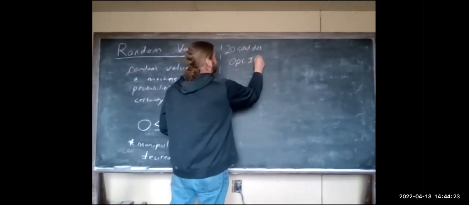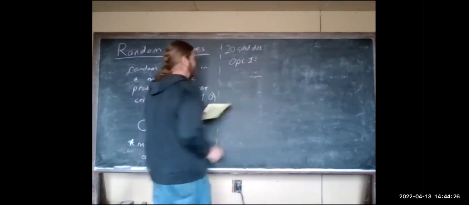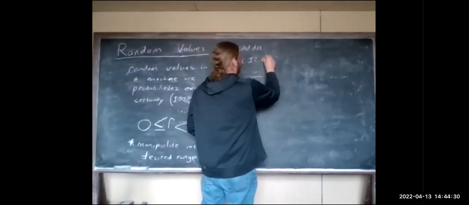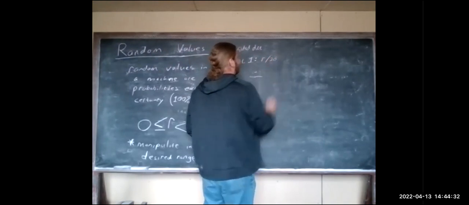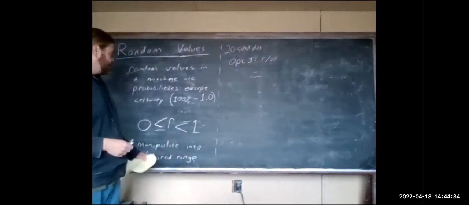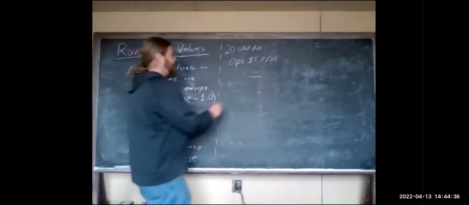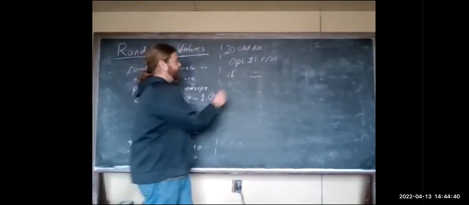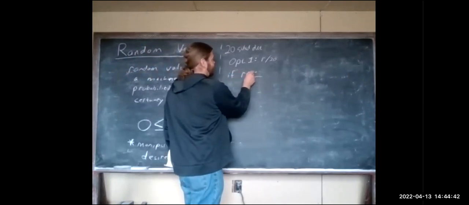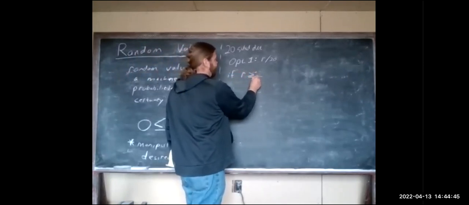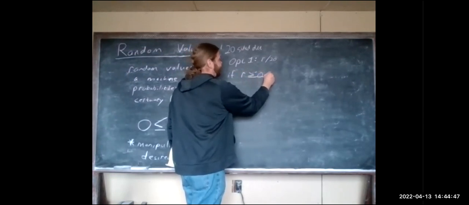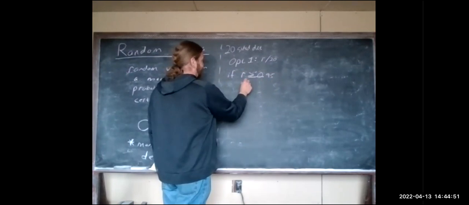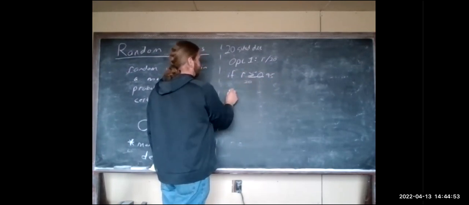Option 1 would just be kind of divide by 20. R divided by 20. And we split that range down into 20 sections. So our pseudocode would look something like, if R is bigger than 0.95, then it's a 20.